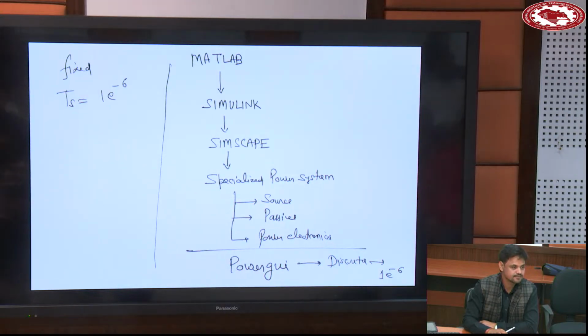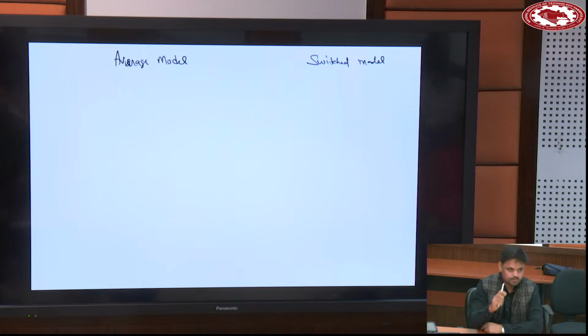This is okay? Okay. Now I should tell you, the objective is the same. We want to control the current to 1000 ampere. The step change is there.